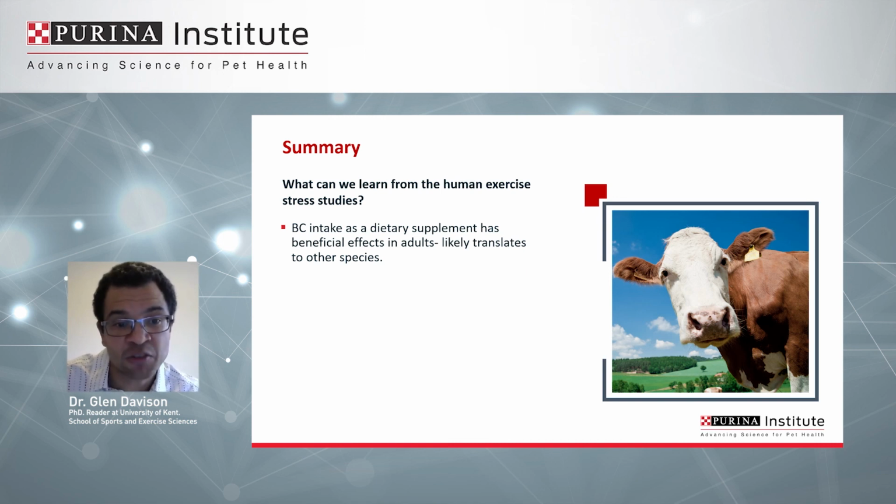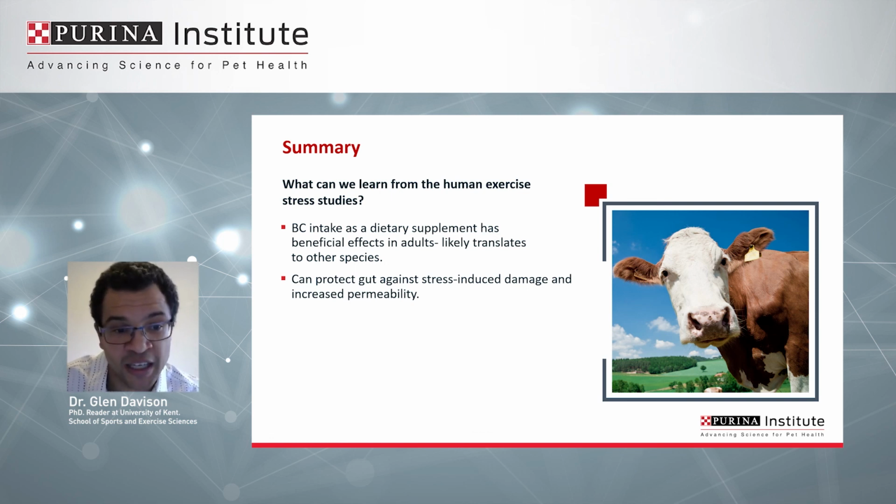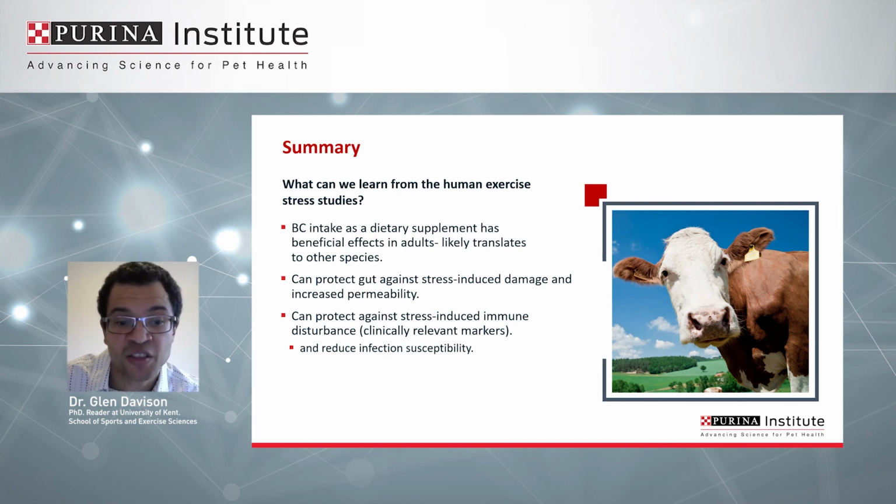First of all, as a dietary supplement, there is good evidence that bovine colostrum has beneficial effects in adults. And of course, this likely translates to many species. It can protect the gut against stress-induced damage and therefore prevent the excessive increase in permeability that we get with certain stressors. It can protect against stress-induced immune disturbance and therefore reduce the susceptibility to illness and infection under acute and chronic stressors.